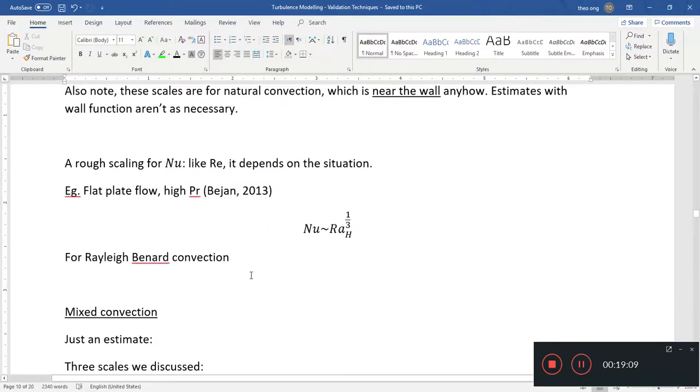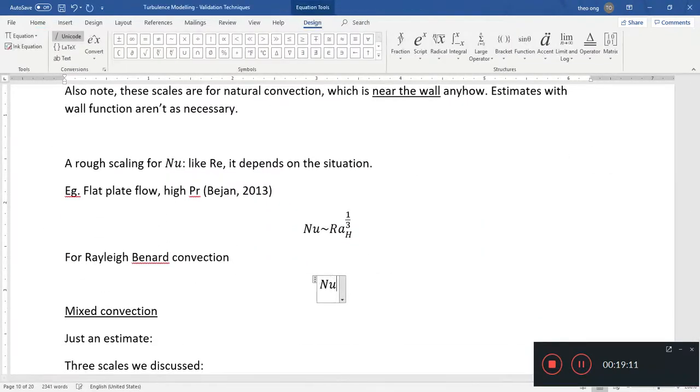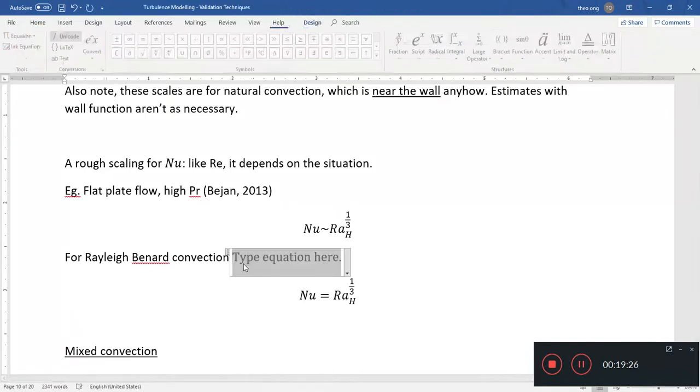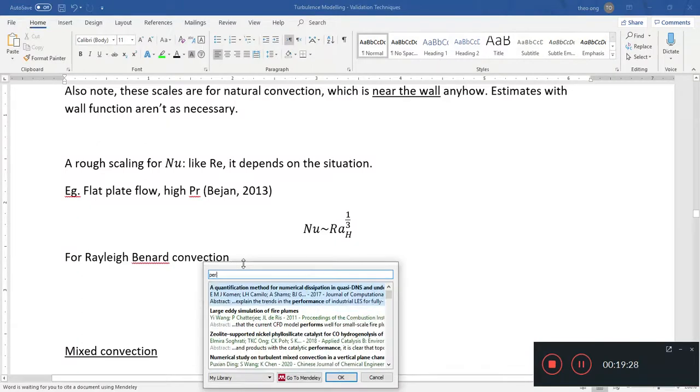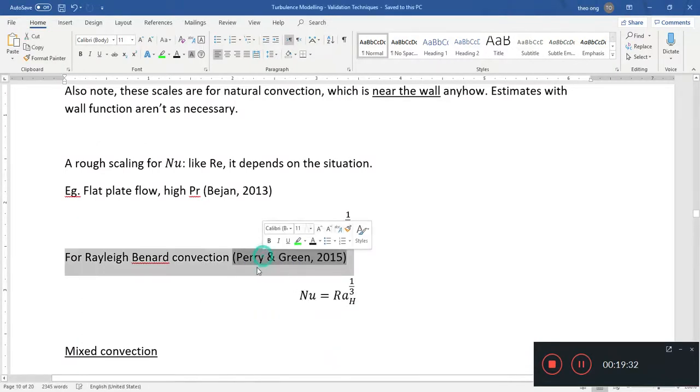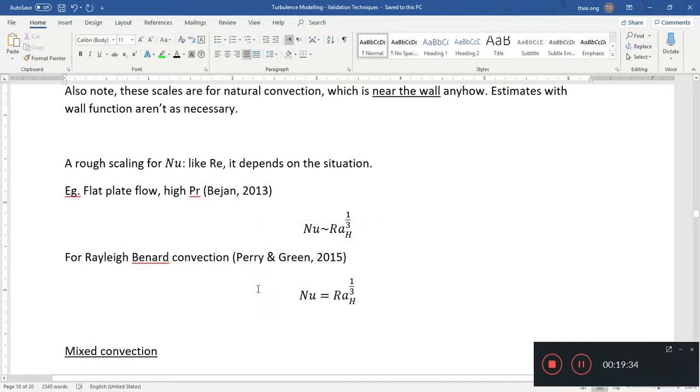I'm not going to put an apostrophe here. The Nusselt number in the turbulent regime is equal to the Rayleigh number to the power of 1/3. So there's no general rule, but they more or less take this kind of form. This is from Perry's Chemical Engineering Handbook. Hopefully you know what Perry's Chemical Engineering Handbook is.